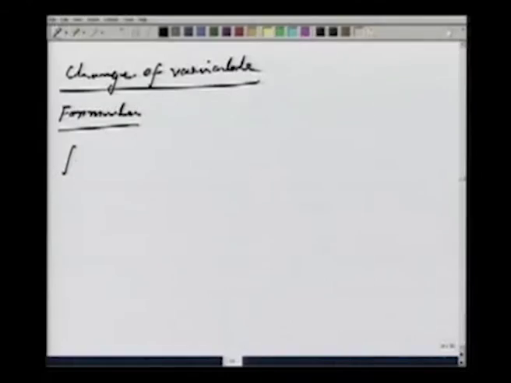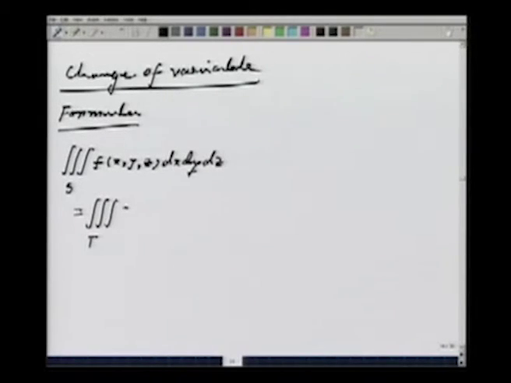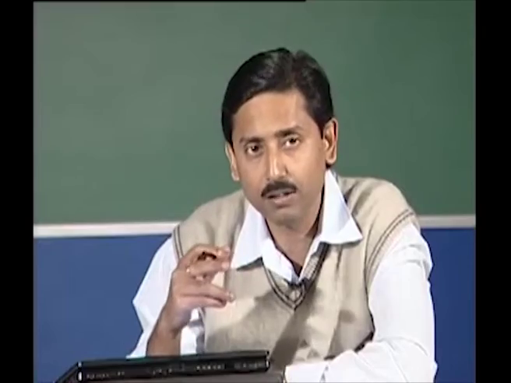So the usual formula looks like: triple integral over S, f of x, y, z, dx dy dz, is the same as triple integral over T, f of x of u v w, y of u v w, z of u v w, then the Jacobian, which I will denote as mod J of u v w, then du dv dw. In the two-dimensional case, x was a function of u and v.